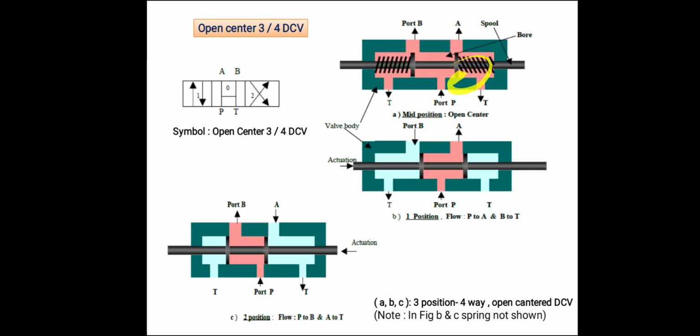B shows that since the left end of the valve is actuated, the valve assumes position 1. Here P is connected to A and B is connected to T. In figure C, since the right end of the valve is actuated, the valve assumes position 2. Here P is connected to B and A is connected to T.